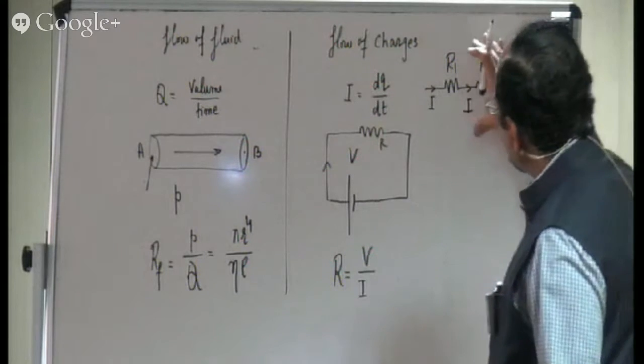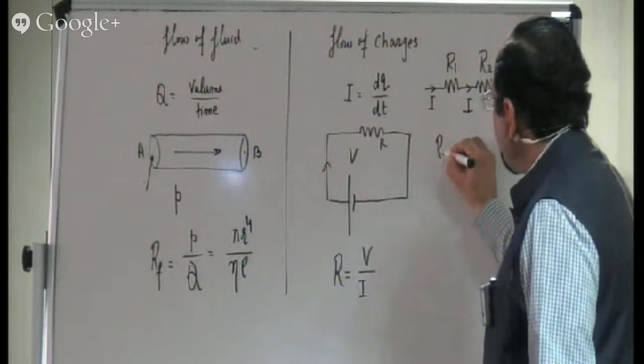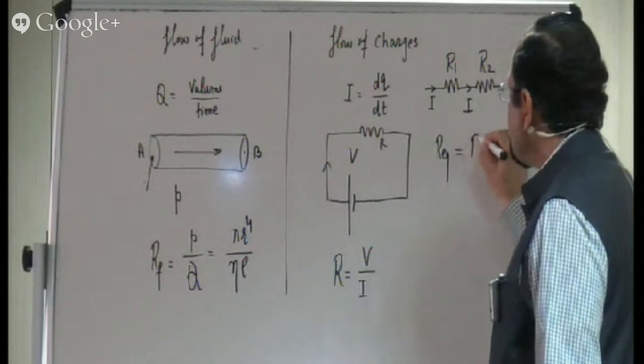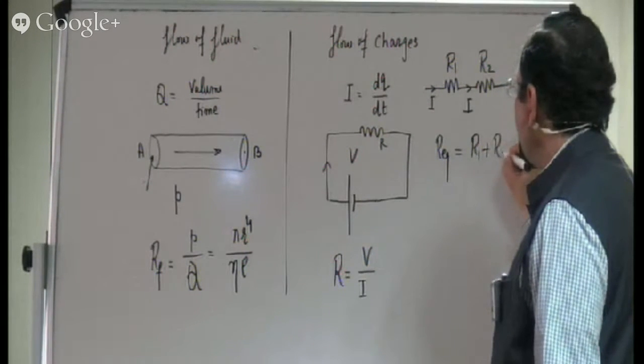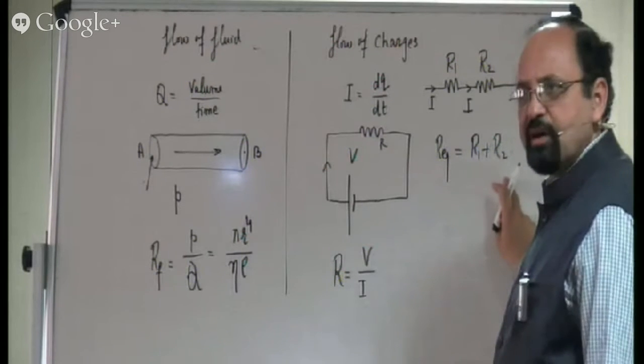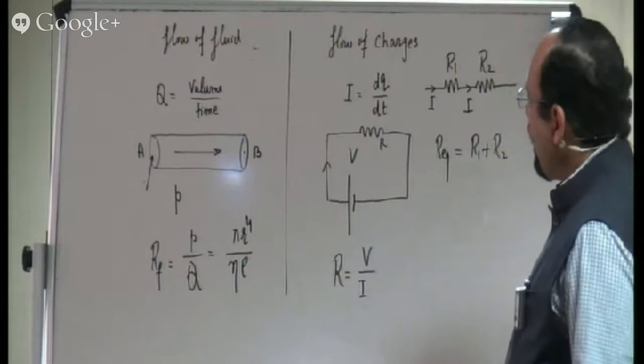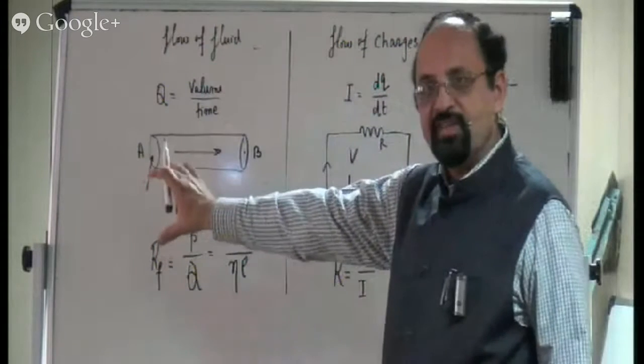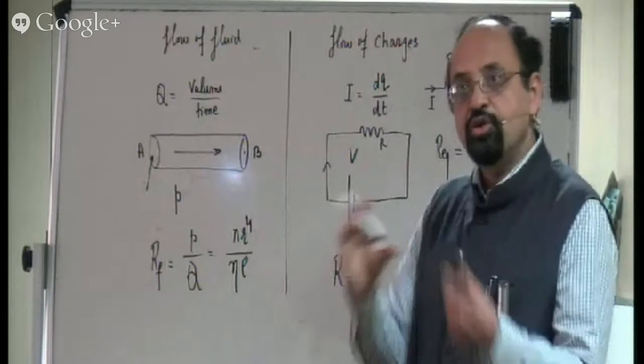If I make use of this concept to find the equivalent resistance, we have a very common formula known to everybody, that is R1 plus R2. I have the similar situation in this case. When they ask the question, they give you a similar type of thing.